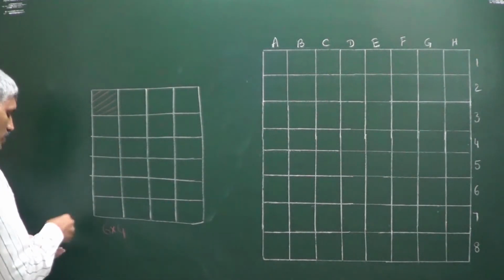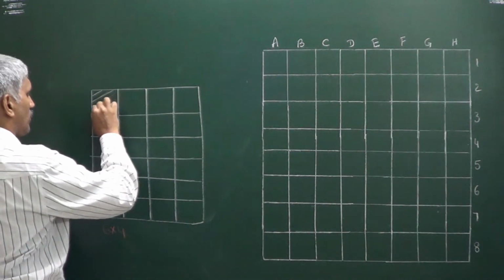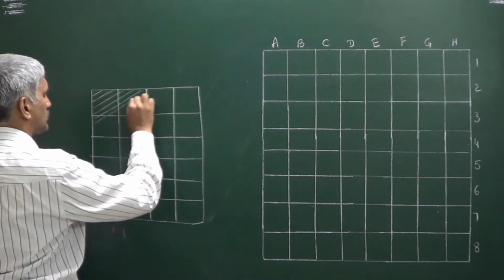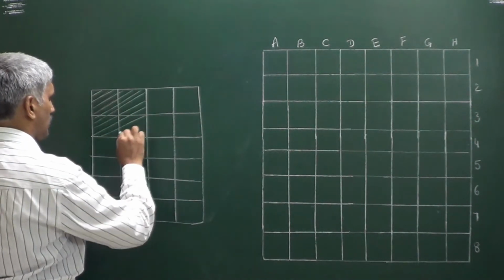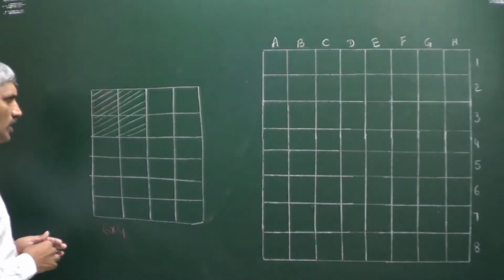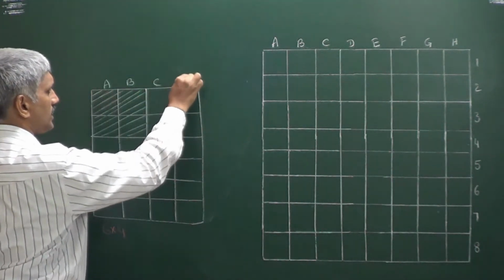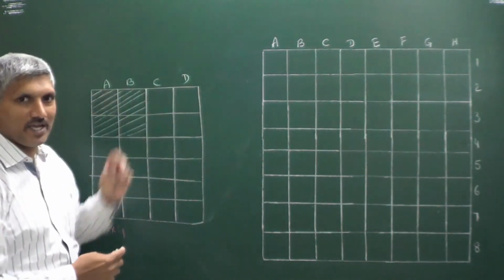Now again, these type of squares, how many will you get? That is squares of size 2 by 2. How many of these will you get in this 6 by 4 grid? Now observe here, this is A, B, C, D with AB, next BC, then CD, right?